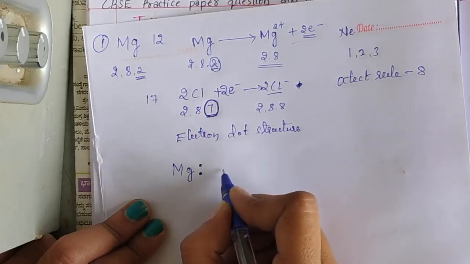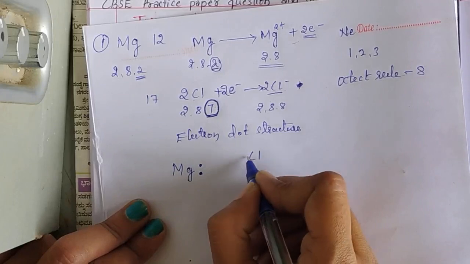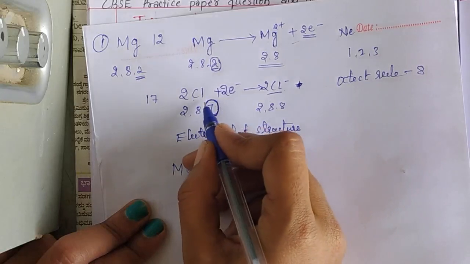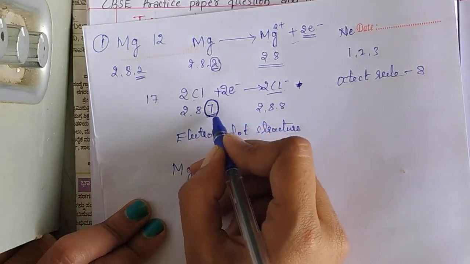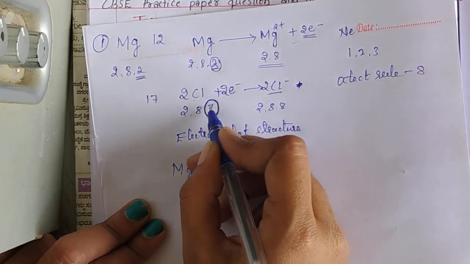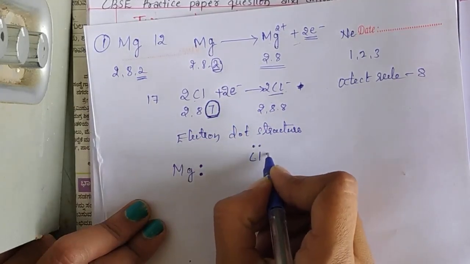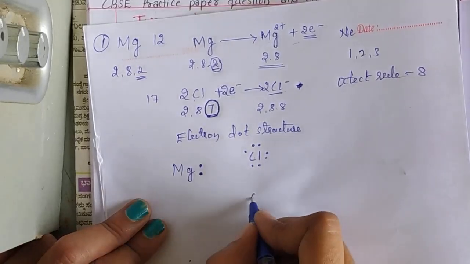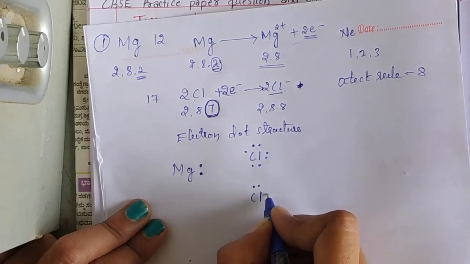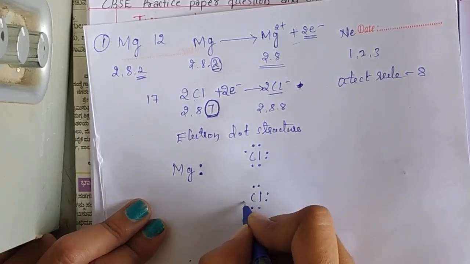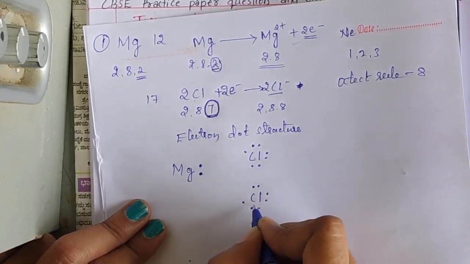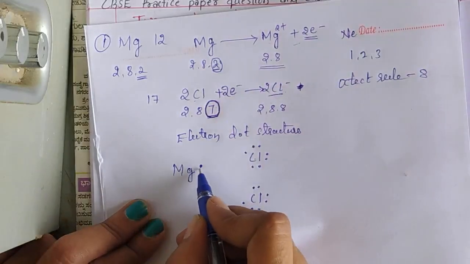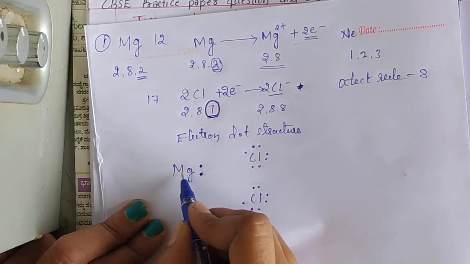Next, chlorine. The nucleus of chlorine is represented by its symbol, and chlorine has 7 electrons in its outermost shell, represented by 7 dots around the symbol. This is one chlorine; we will write one more chlorine. These 7 dots represent the outermost electrons of chlorine, and these 2 dots represent the outermost electrons of magnesium.